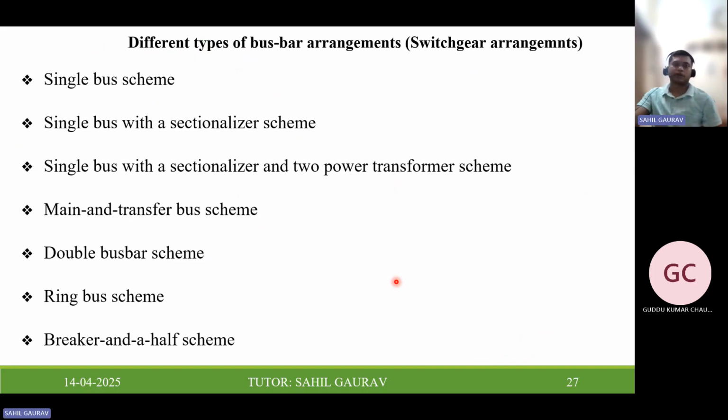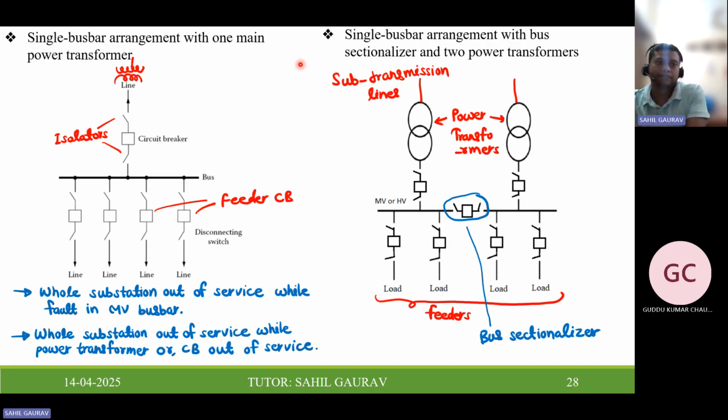Now we can see our bus bar arrangements. There are many bus bar arrangements, and they are shown over here. We will just quickly go through them. A simple one is a single bus bar with one main power transformer, and then we have one with a bus synchronizer and two power transformers.